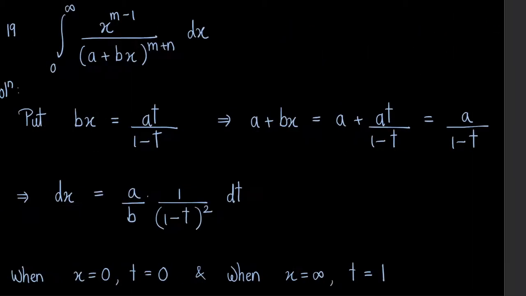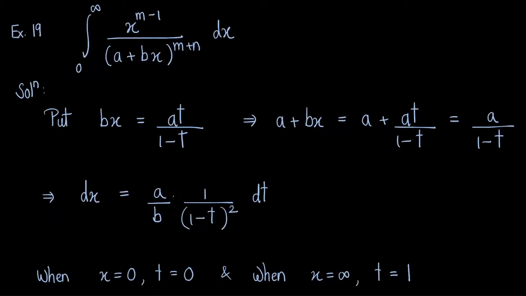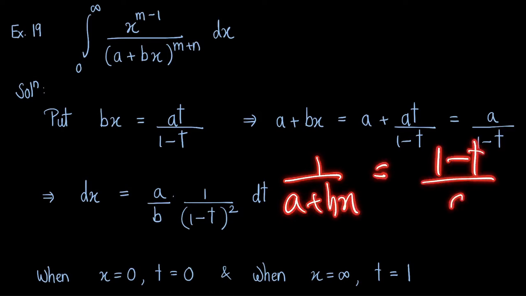Again, in the denominator, we have a plus bx raised to m plus n. And the value of a plus bx is equal to a upon 1 minus t. Therefore, 1 upon a plus bx will be 1 minus t upon a.